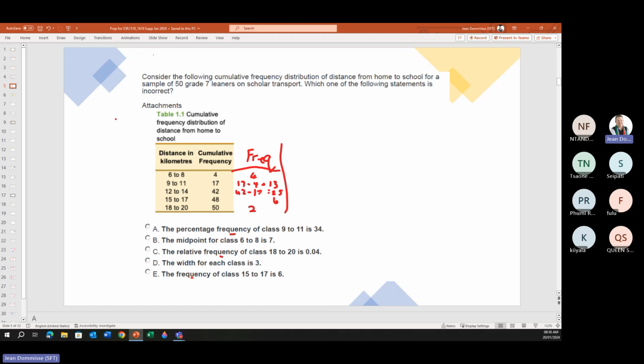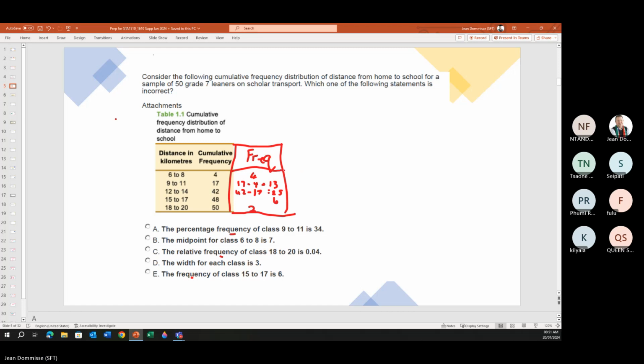I would not now go and work out the percentage frequency and percentage cumulative frequency for everyone. I would keep it at these two, and as the need arises for the question, I would then work it out.